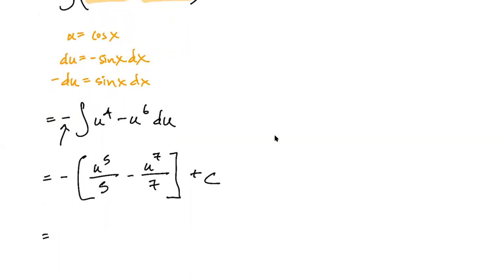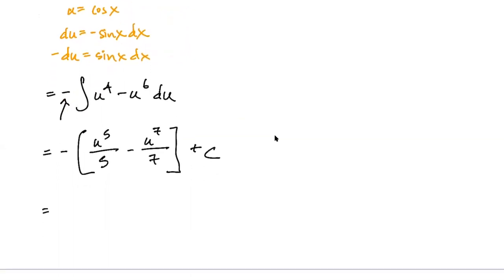And we're going to make sure we put all of our proper variables back in. We'll end up with negative cosine to the 5th x over 5 plus cosine to the 7th x over 7 plus c.